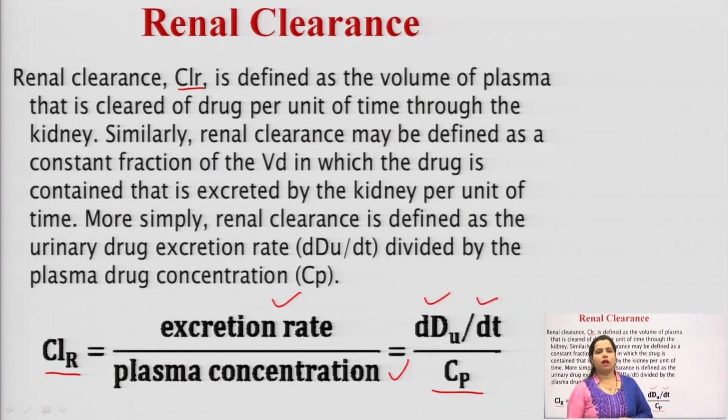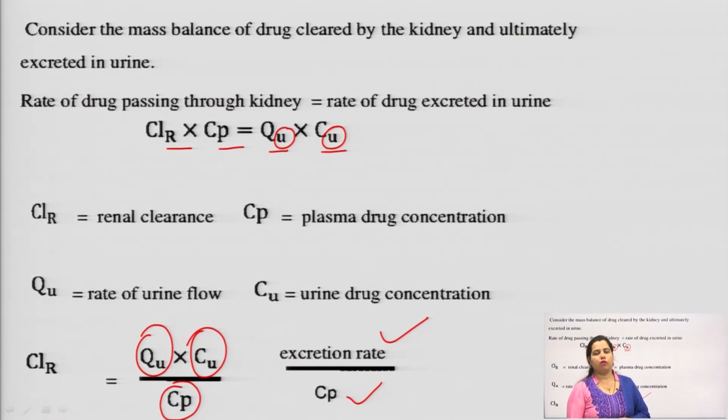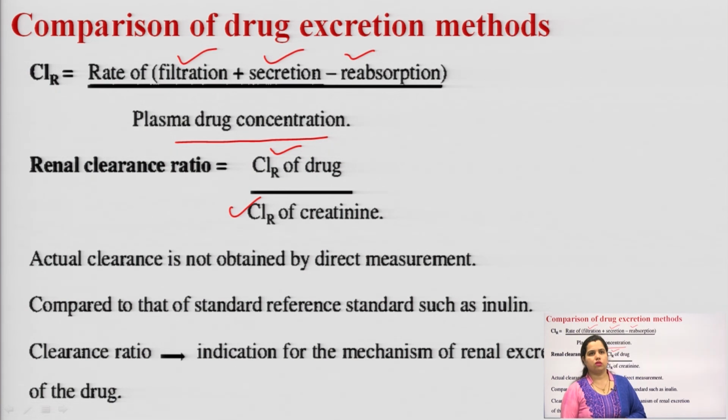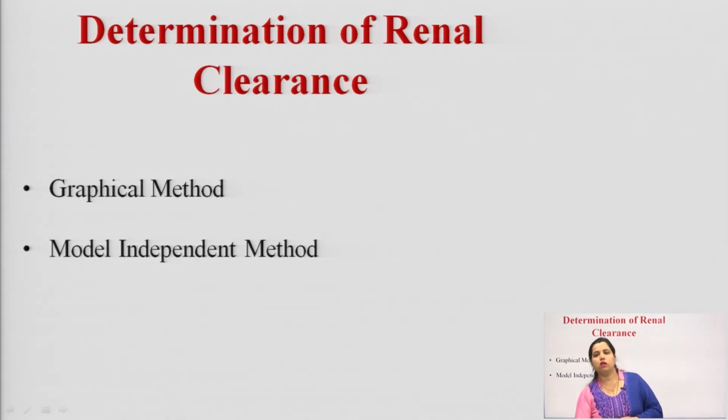Now, after that we discussed renal clearance. Using different mathematical expressions we can calculate renal excretion. Renal clearance is also dependent on the rate of filtration, secretion and reabsorption, so we always consider all these processes while calculating renal clearance. Renal clearance can be calculated using two methods, graphical and model independent.